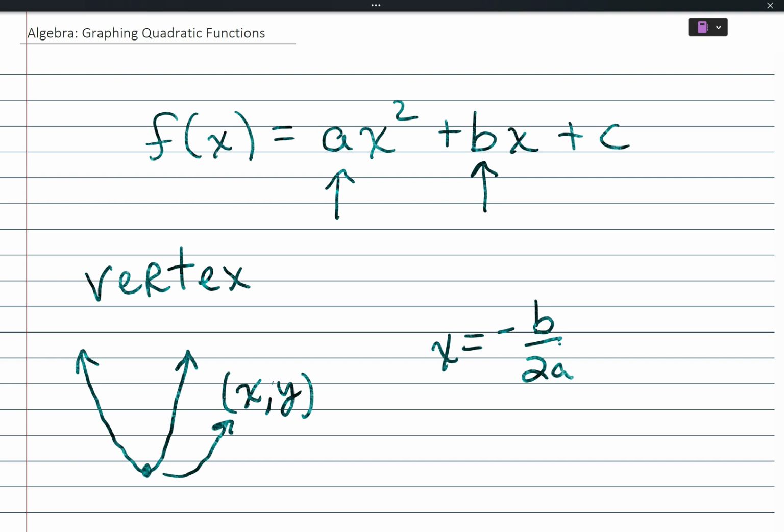So that's how we get the x for the vertex. Now how do you get the y? You get the y by inputting that value that you just got into the original function. So if we get negative b over 2a and get some value, then we're going to plug that negative b over 2a value into the original function for x, and then we'll get the y.